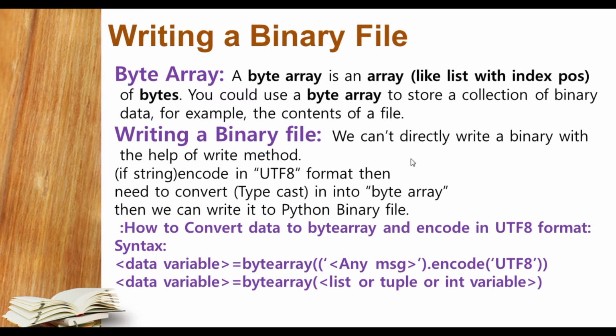We cannot write directly to the binary file with the help of the write method, student. We can't write particular content directly to the file with the write method. So what to do? There are two conditions applicable. Suppose the data I am going to store in a file is a string, like a normal message, it should be encoded first in UTF-8 format.